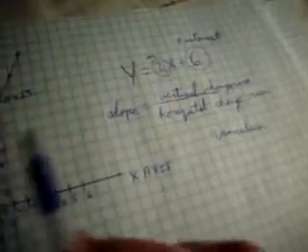Well, it's called the y-intercept. Okay, it's called the y-intercept. That means at that spot, this line here is going to intercept the y-axis, and as you can see, that's where it intercepts.